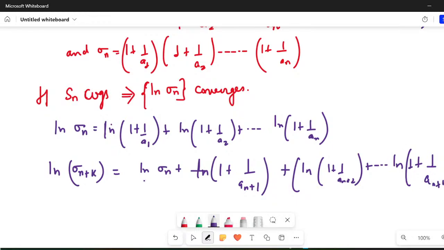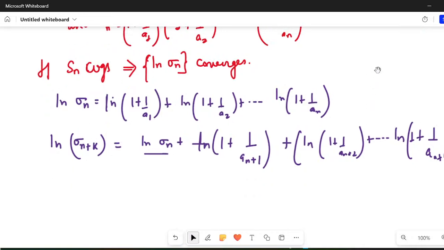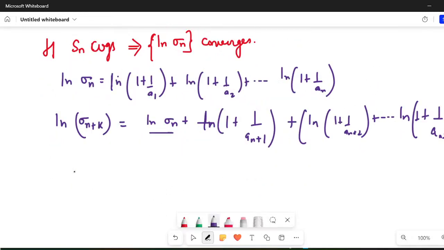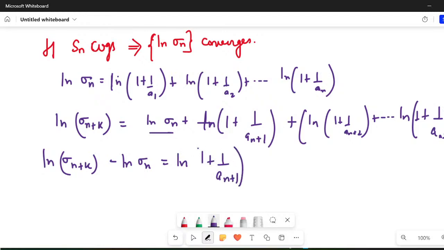Now if I subtract, what will I get? I will simply get ln sigma n plus k minus ln sigma n, equivalent to writing ln of 1 plus 1 upon an plus 1.